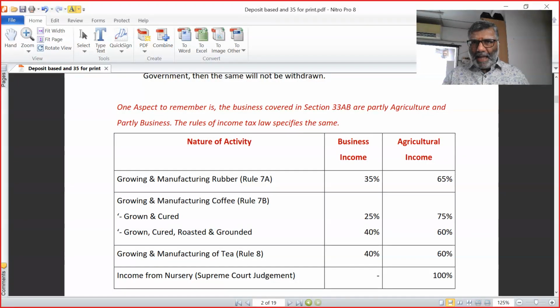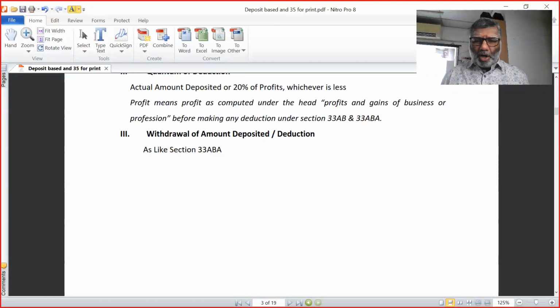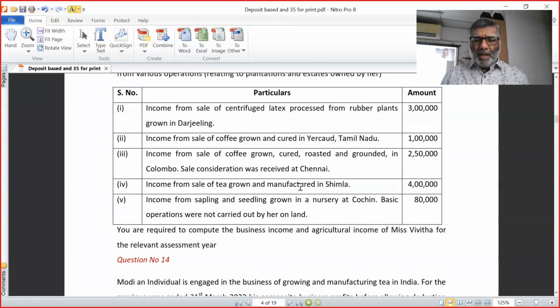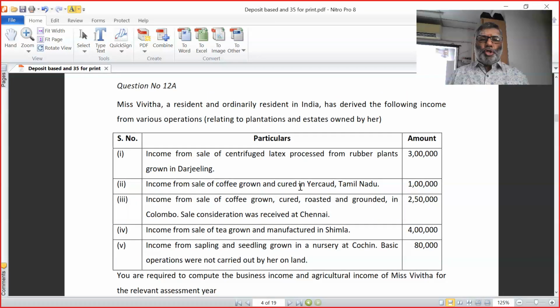First, on this table, that is partly agriculture, partly business income, let us do a question, and then go for the 33AB related question. I am in the new material given to you today, page number 4. Vivita, a resident and ordinary resident in India, has derived income from various operations relating to plantations.